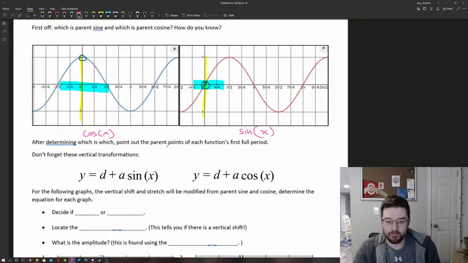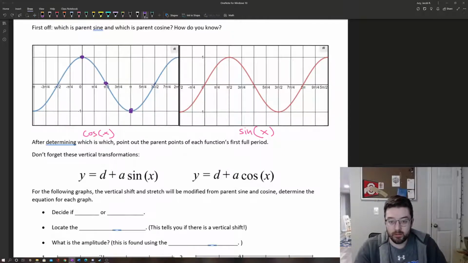After you've figured out which one is sine and which one is cosine, we're just going to put little points to show the first period of each function, because these are going to serve as guidelines for how we find patterns in our graphs.